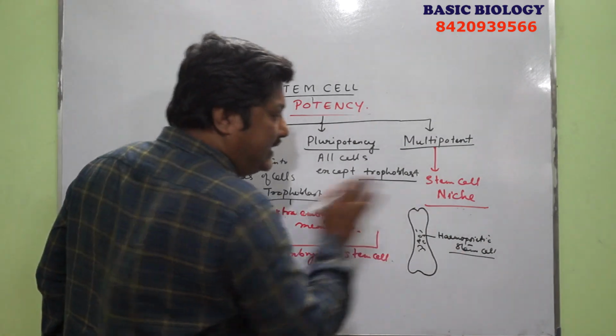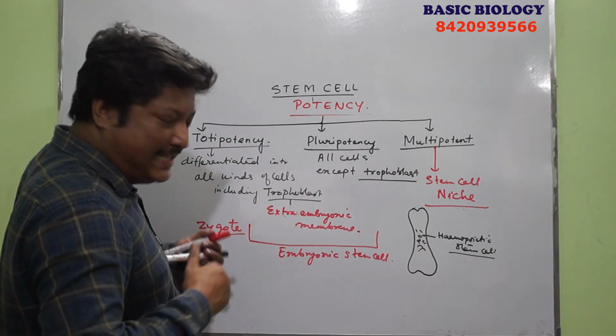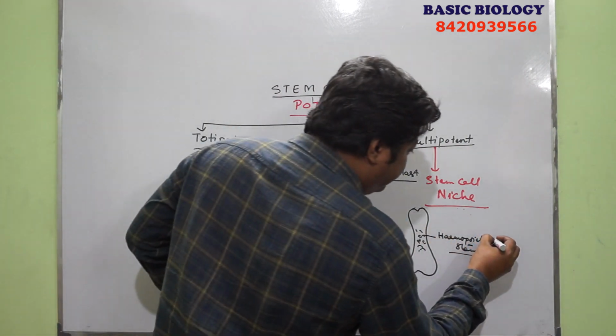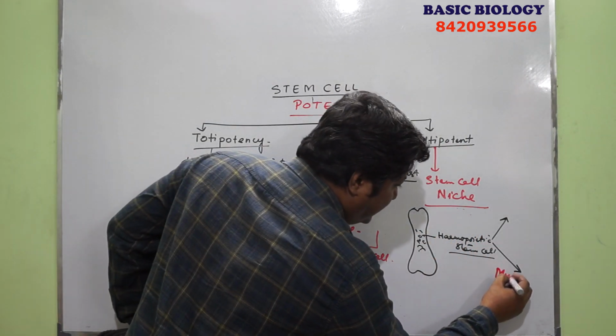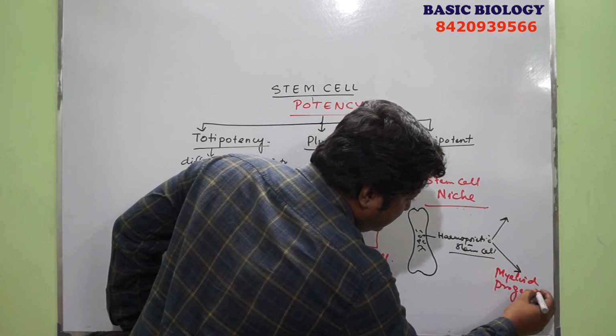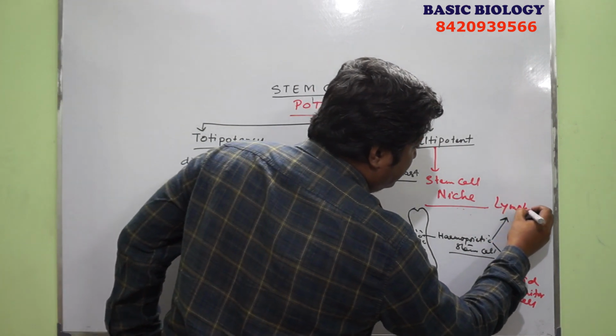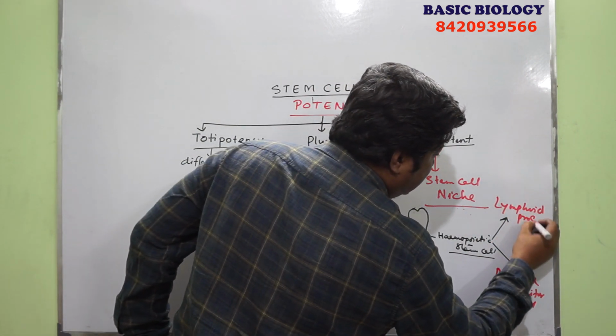And that hemopoietic stem cell differentiates into two types of cells. One is the myeloid progenitor cells, and the other is the lymphoid progenitor cells.